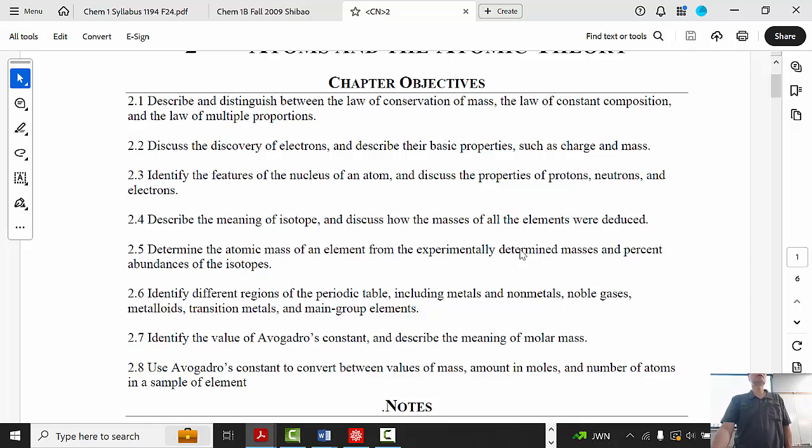CRT stands for cathode ray tube. Cathode rays were these beams, and they figured out that cathode ray beams are beams of electrons. Do you know the person's name that was credited with the discovery of the electron?